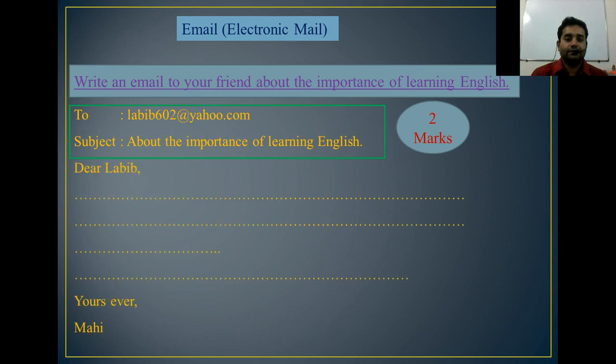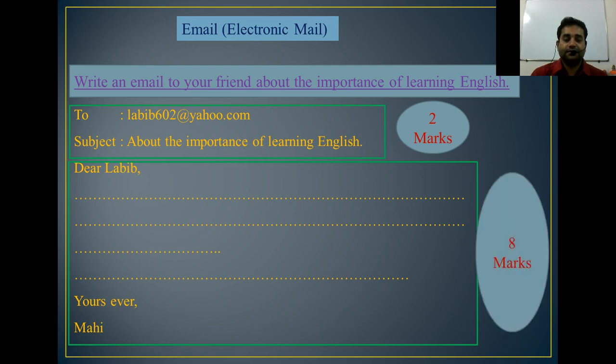If you think that an email is 10 marks, then out of 10 this part will bear 2 marks. Then the body, as it is a letter: dear Labib, blah blah blah, and at last yours ever Mahi. Okay, it is the body part, and this body part will bear 8 marks.